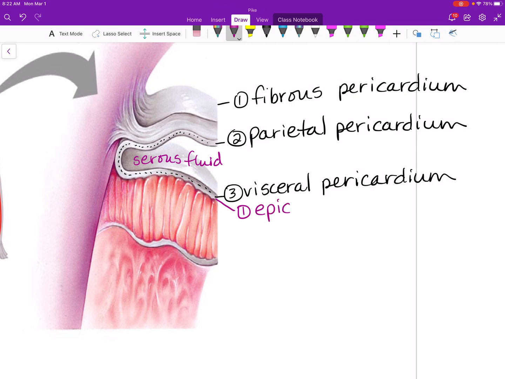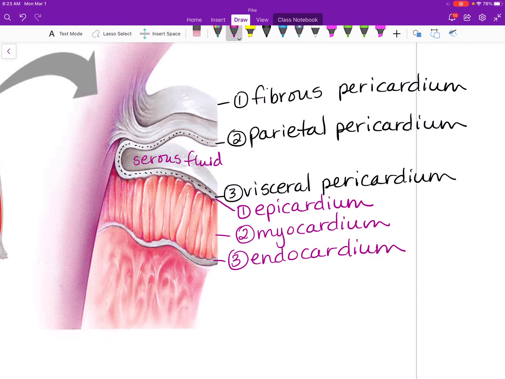The outermost layer of the heart wall is called the epicardium, which means around the heart, upon the heart. And then the middle layer here that is the cardiac muscle tissue, that is the myocardium. The myocardium. Myo means muscles. That's our muscle layer. The innermost layer that actually is lining the inside of the heart, that is the endocardium.